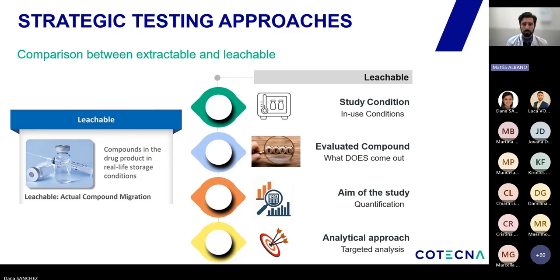On the other hand, leachables can be defined as compounds that really migrate from the packaging to the drug product. For this reason, the leachable study is conducted directly on the drug product and in in-use conditions, so in the same conditions in which the drug product is used or stored.